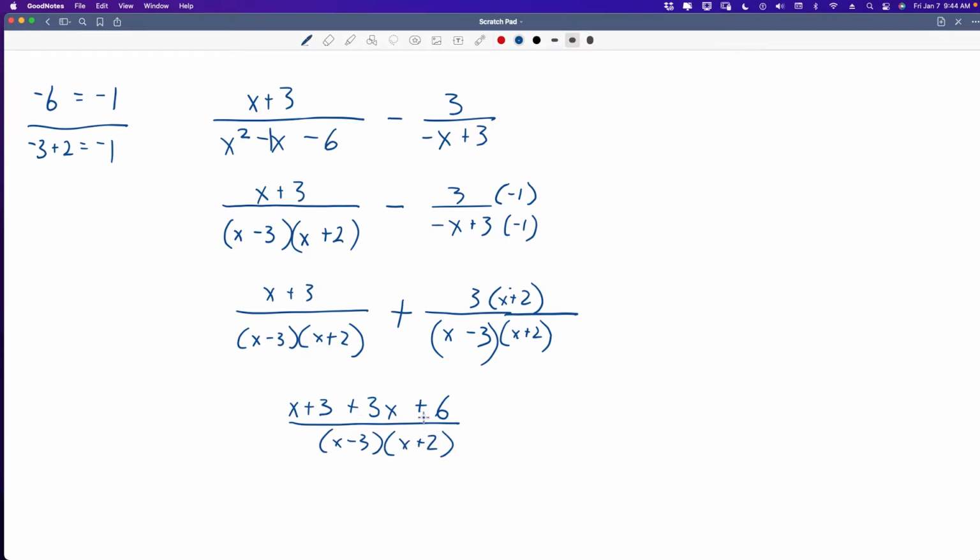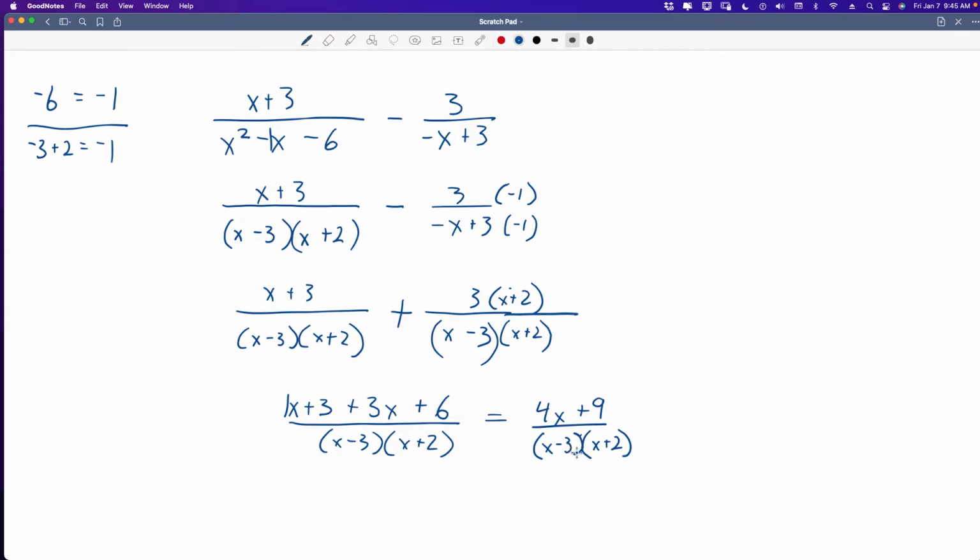And when we combine like terms, this is a 1x, so 1x plus 3x is 4x. We have 3 and 6, plus 9, over x minus 3, x plus 2.